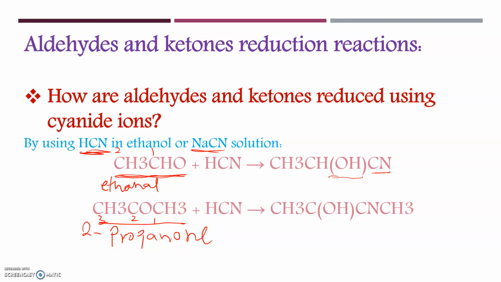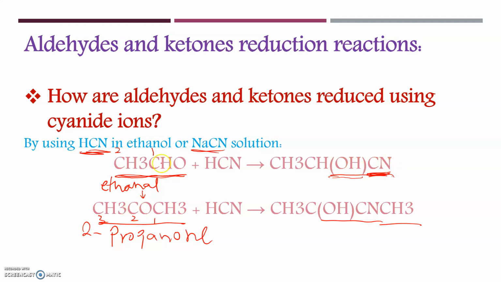Again, when it's reacting with HCN, all you have to do, this is the carbon, you add the H, there is an H, and there is CN, same thing, and the CH3. So when you're reacting aldehyde or ketone, there is an O here, so you add an H and then CN.